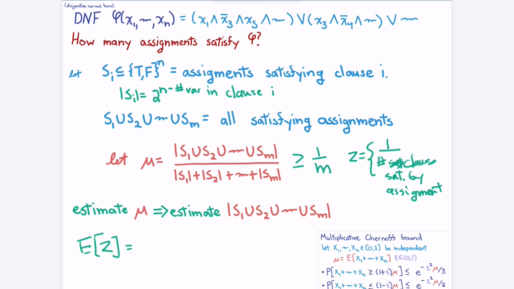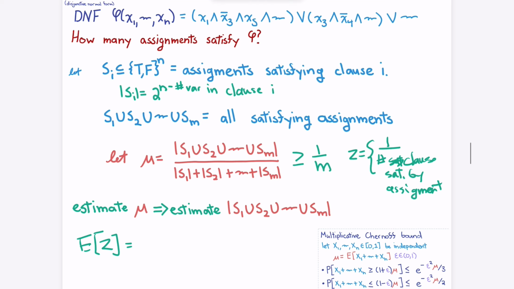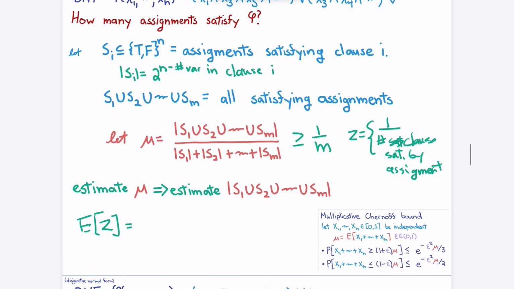So you're really sampling a satisfying assignment with repetition from the multiset of assignments uniformly at random, which we just break down into two steps: figure out the set, the index i, first, and then the assignment.